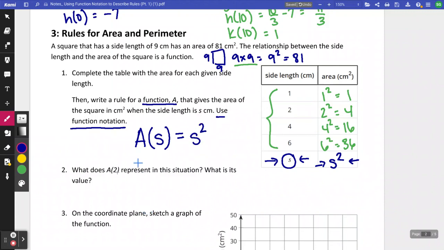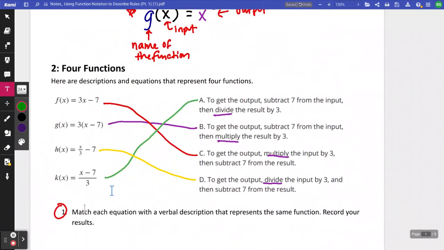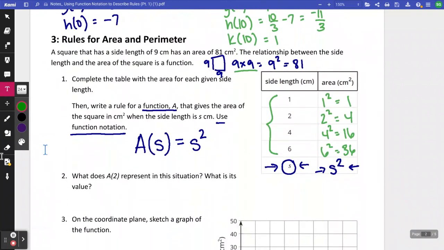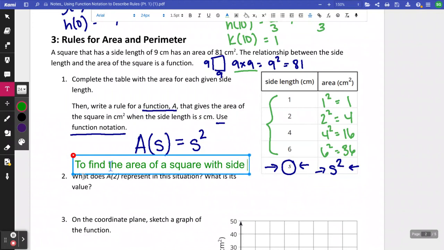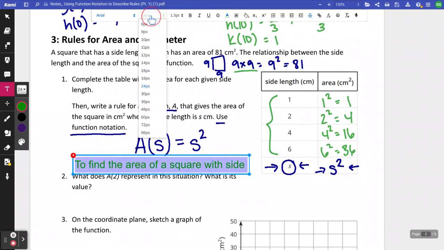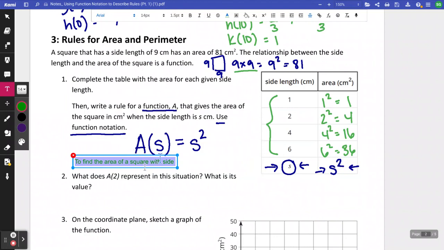I'm going to just put in words what this means here, similar to what we were doing up here with that verbal description of the function. This is saying to find the area, because that's what we're finding here in this function, to find the area of a square with side length s.